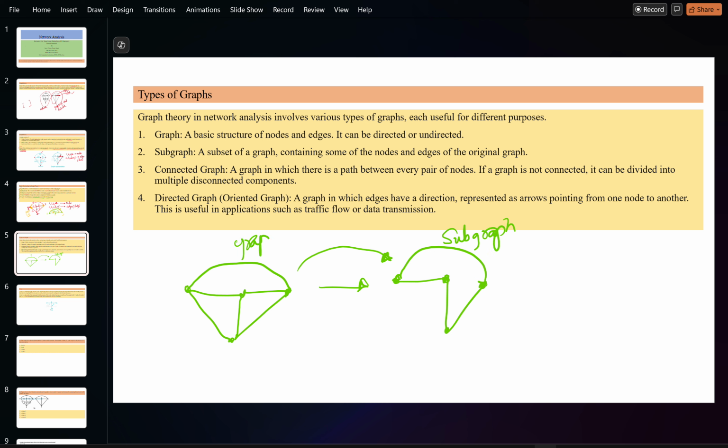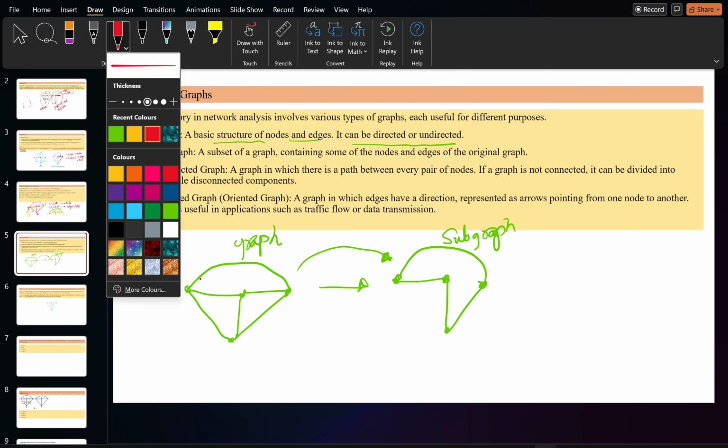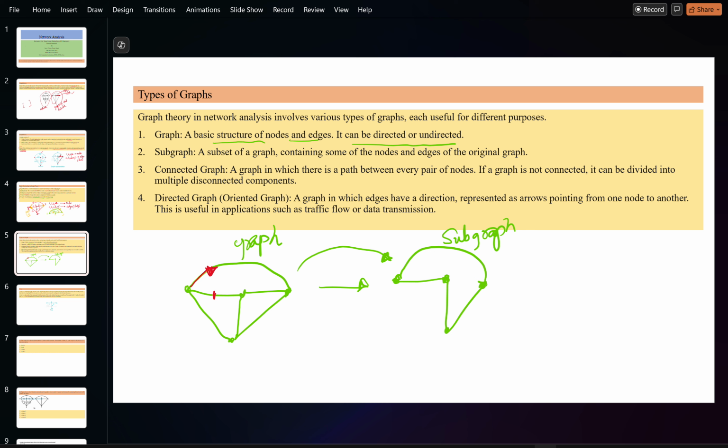So the basic structure of nodes and edges can be directed or undirected. Directed means that when a current direction is given, suppose it is given like this on each edge, each branch, then it is called a directed graph.